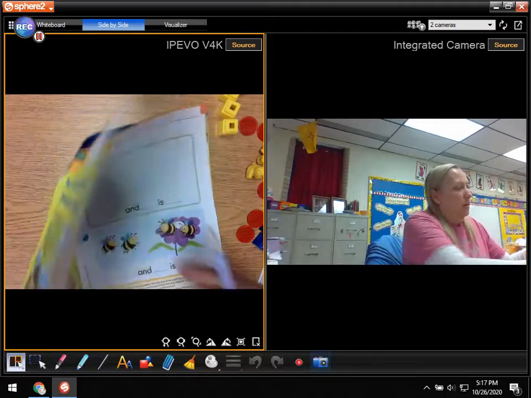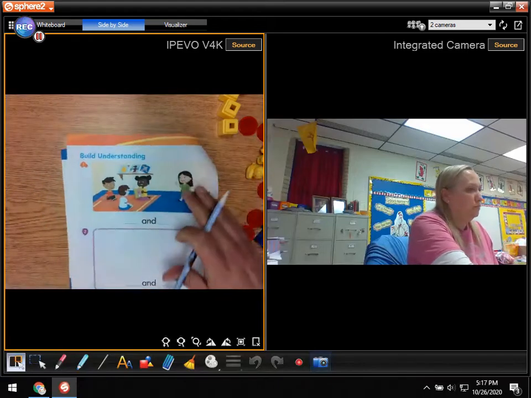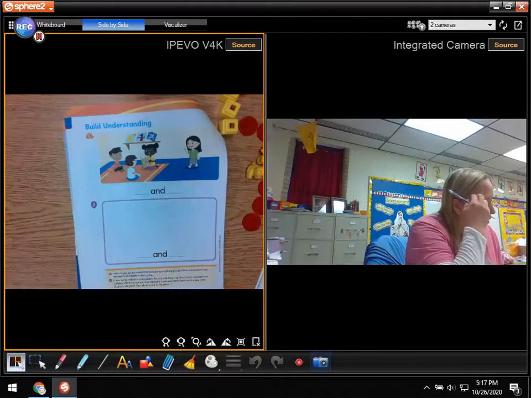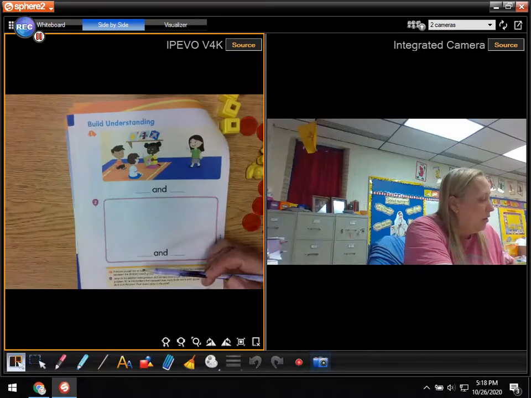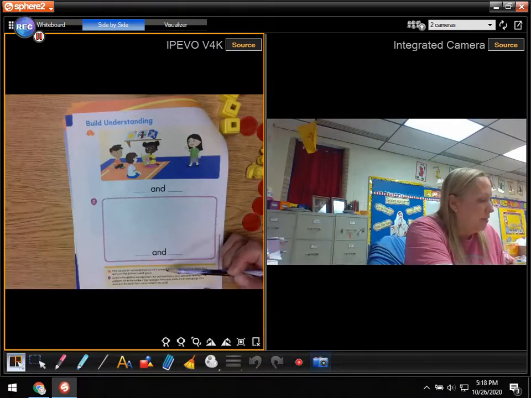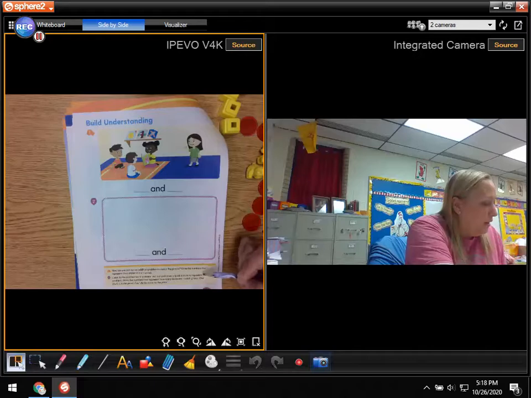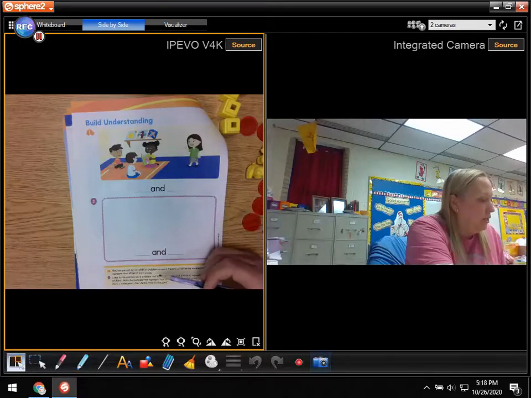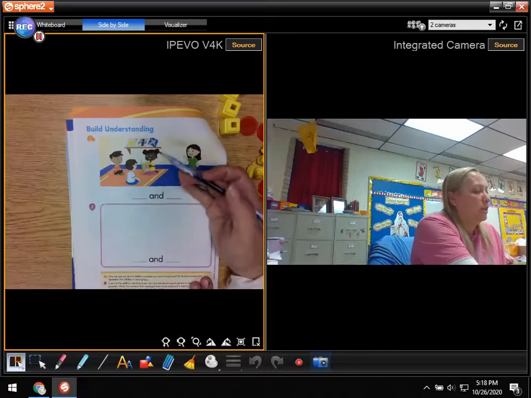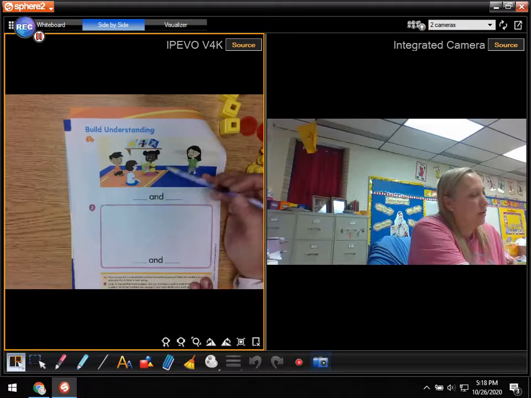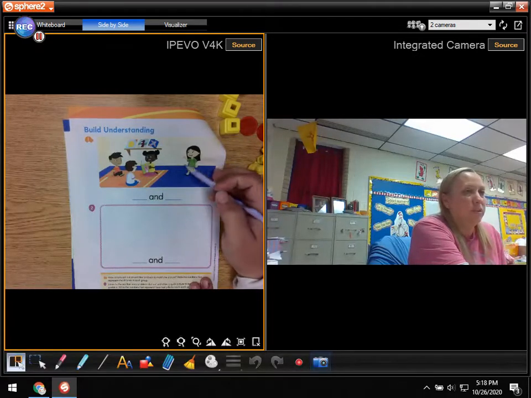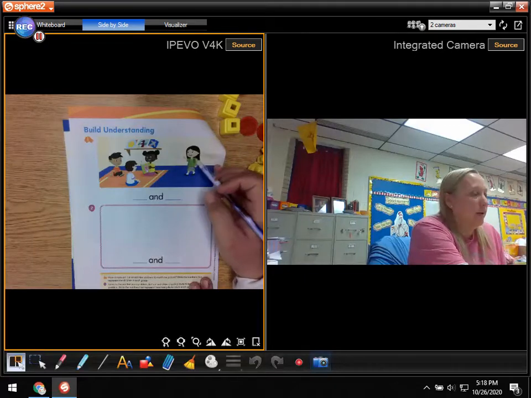Okay? Now turn your paper over. Look at number 1 right here. Building understanding. So the directions say, how can you act out an addition problem to match the picture? Write the numbers that represent the children in each group. So it looks like we have 3 little kids reading books together and 1 that wants to join them, 1 that's coming in.